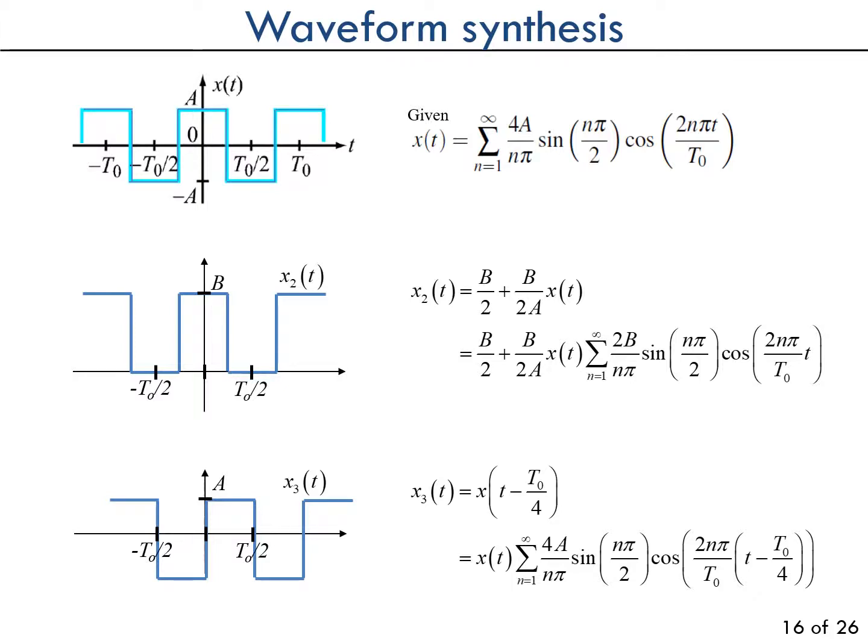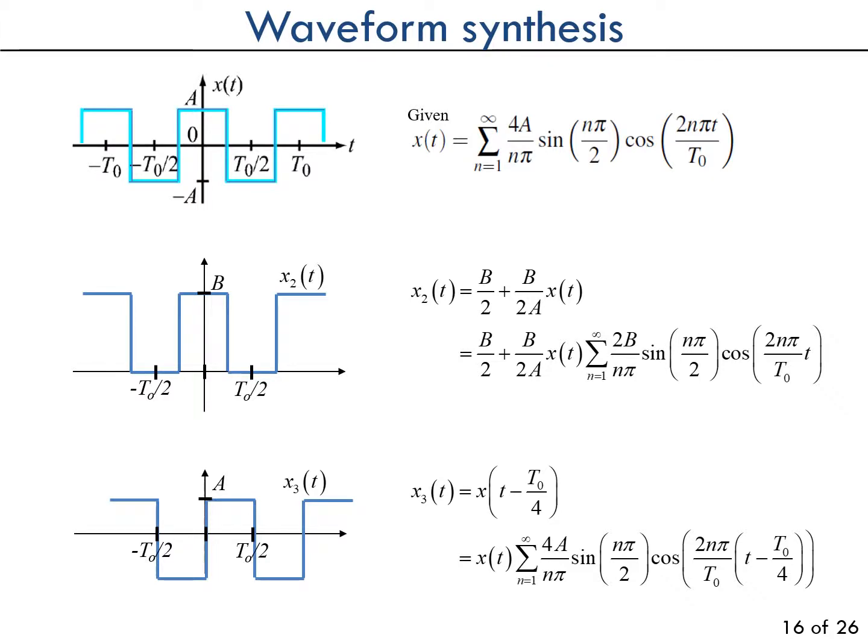So let's say you know that, but what you really want is the second plot of the square wave, where it's sitting all above on the positive, the upper half of the graph, and instead of going to a height of A, it's actually going to a height of B.